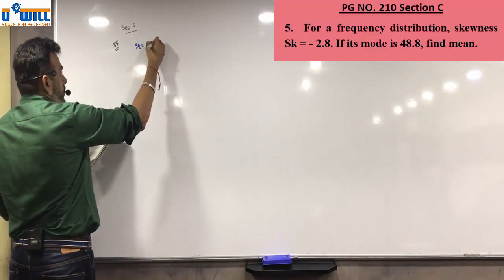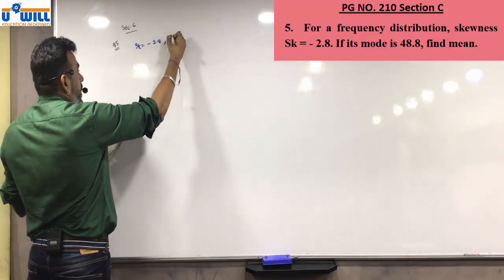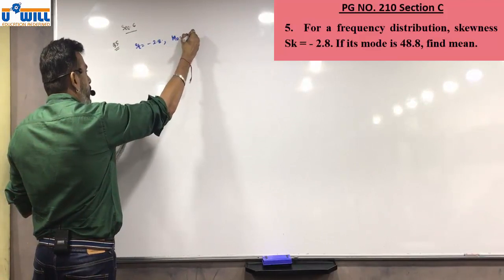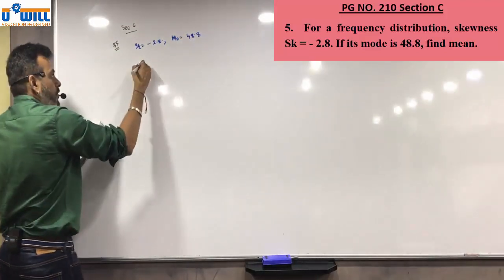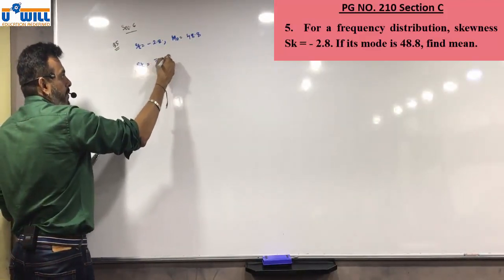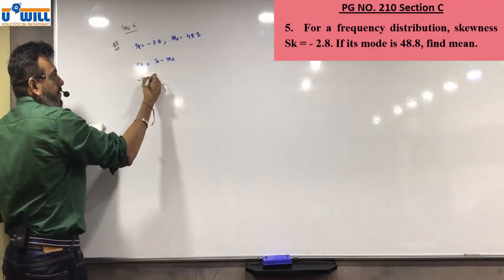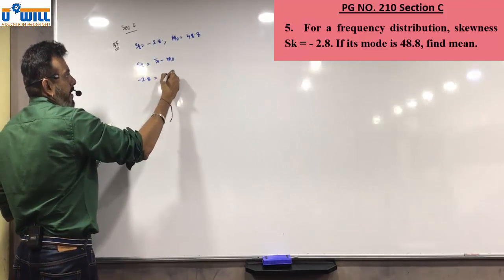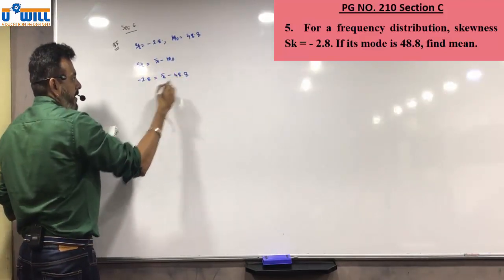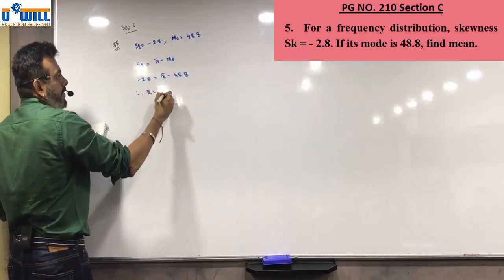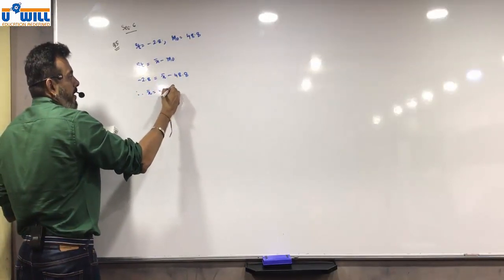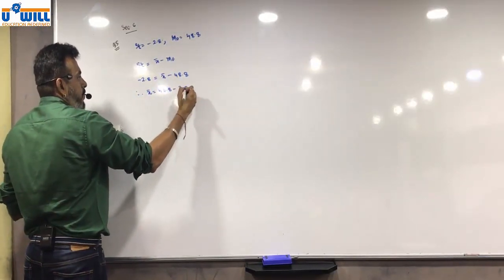Skewness is equal to minus 2.8 and mode is equal to 48.8. Formula for skewness is x bar minus mode. Can you find it now? Minus 2.8 is equal to x bar minus 48.8. Therefore, x bar is equal to 48.8 minus 2.8.